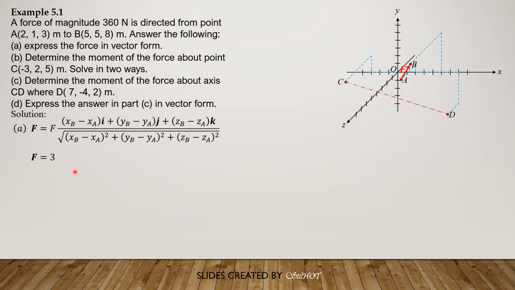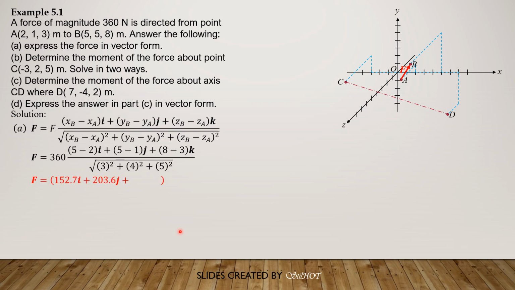So substituting, 360 times (5 minus 2)i plus (5 minus 1)j plus (8 minus 3)k, all over the square root of the distance. So this is 3, so 3 squared, this is 4, 4 squared, this is 5, so 5 squared. So simplifying, F equals 152.7i plus 203.6j plus 354.6k Newton. So the answer is rounded off to 4 significant figures.